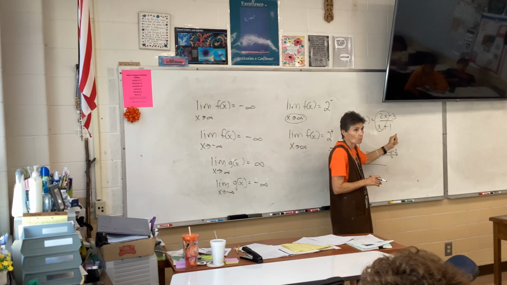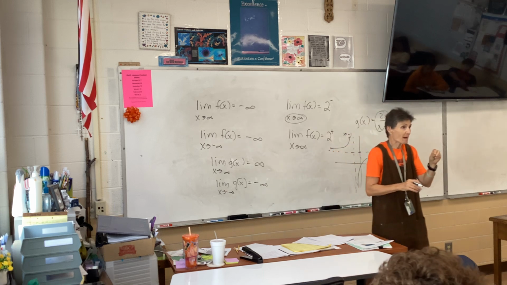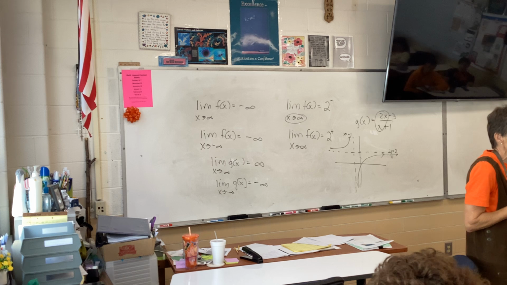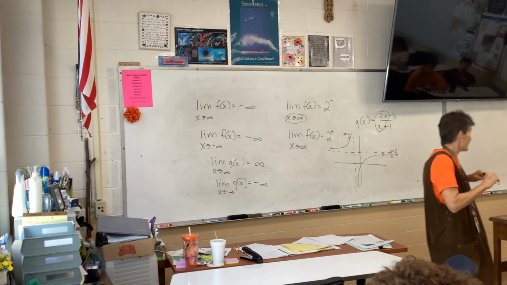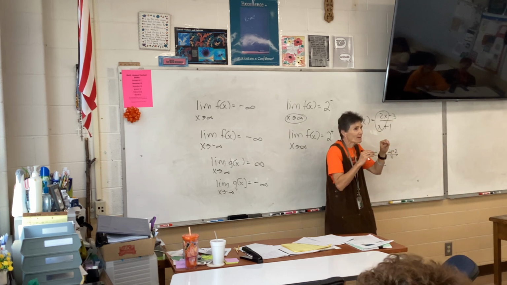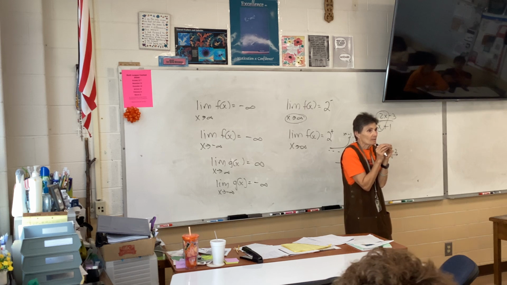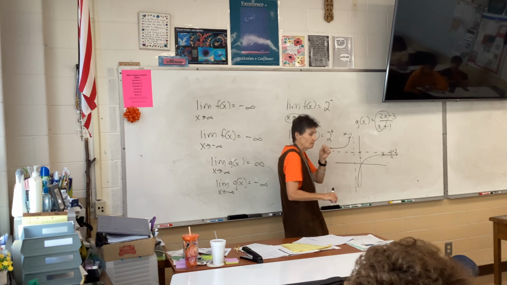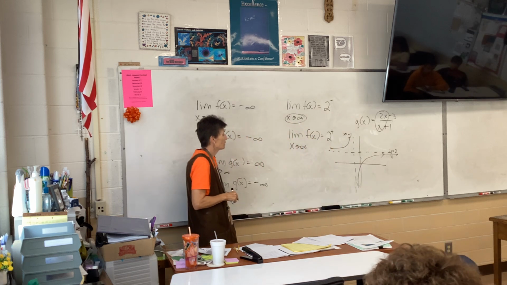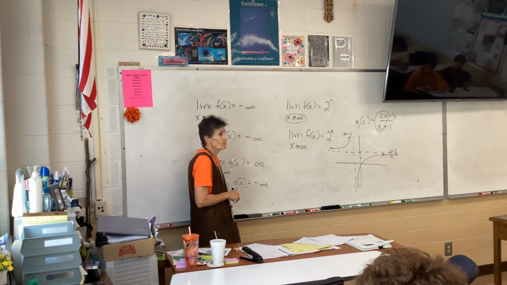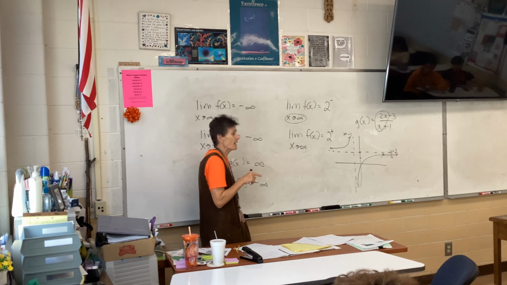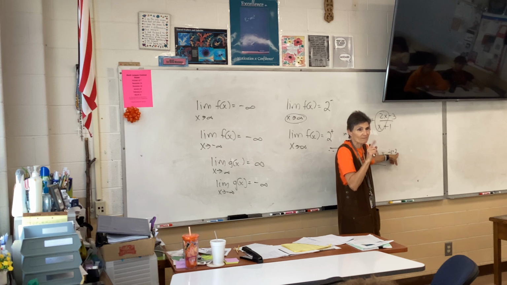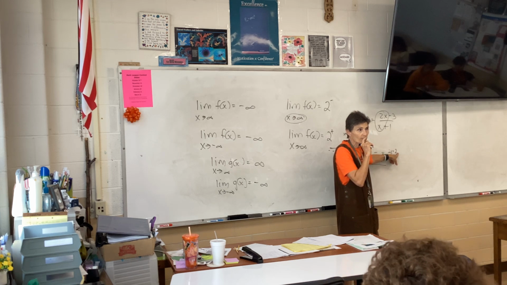How significant is the 1? Not. What really matters is I got 2 trillion over 1 trillion, which is about 2, right? But because of these two numbers, it will never be exactly 2. But the bigger x gets, the closer we're gonna get to 2. All right? But even if you didn't know that, if you traced your curve, you should be observing that with your y values.